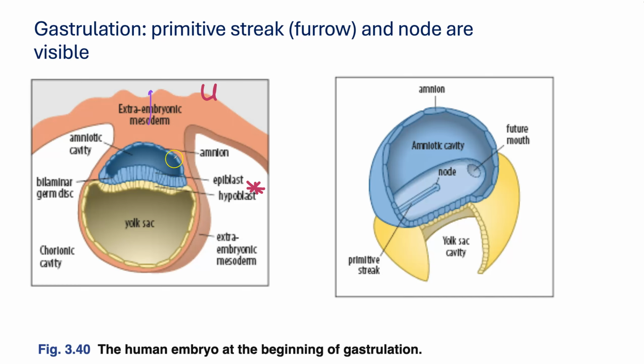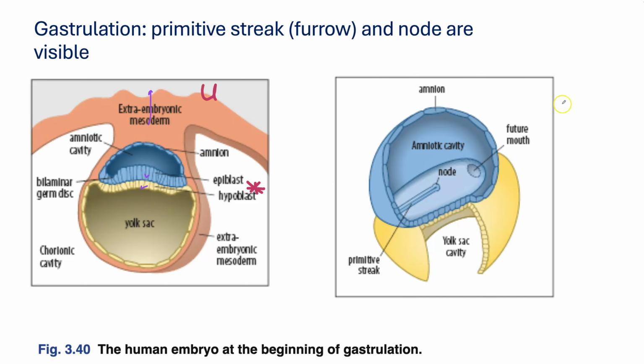The amniotic cavity is formed right above the epiblast, and the epiblast and the hypoblast are very much like in the chick embryo with a single layer of cells. So you're not seeing that cup shape that we saw.